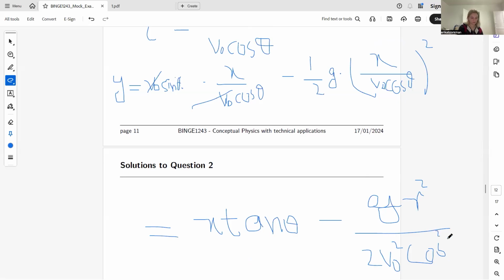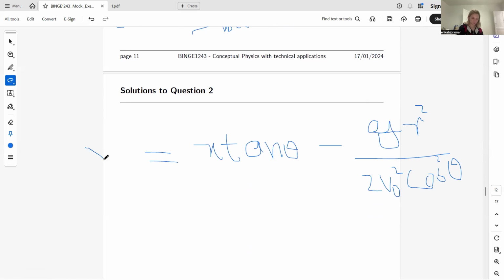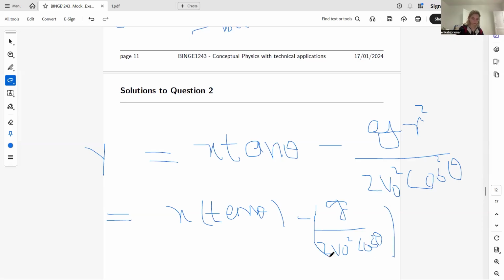I want to rearrange this equation to make it the parabolic equation. For that purpose I will introduce some constants. x into tan theta minus g over 2 v naught square cos square theta, I need to close it in a bracket into x square.